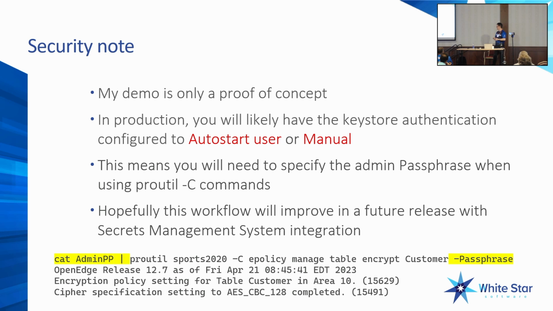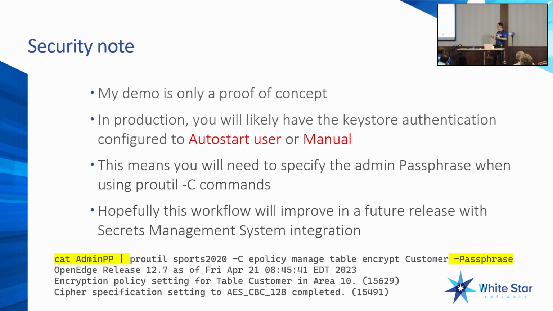So what you can do is pass the passphrase through standard in to the command, for example, with a pipeline. That could be catting a file, or, if it's in a shell script, echoing the value of a variable.